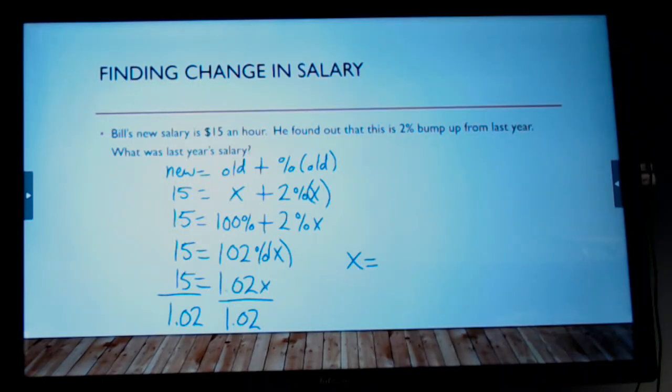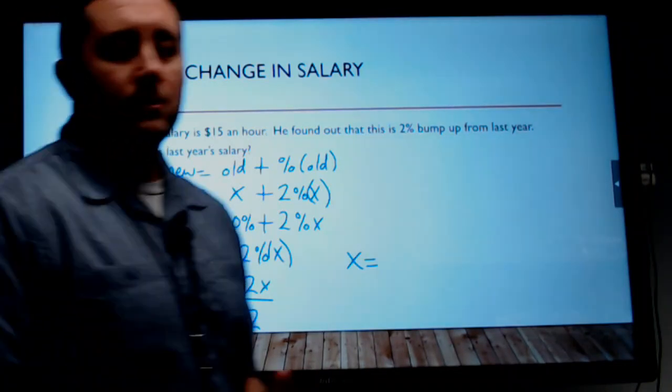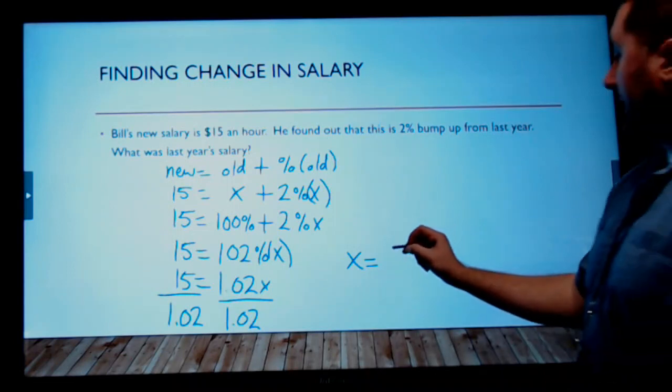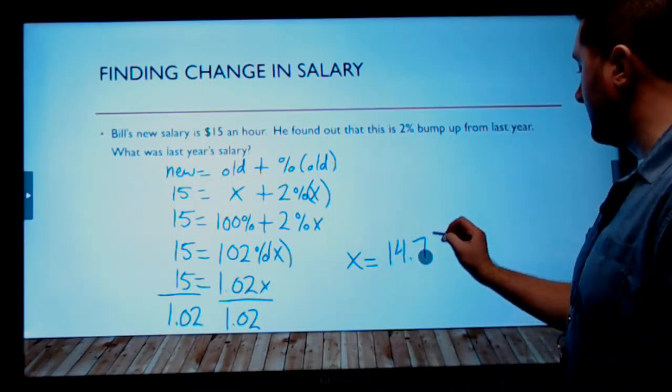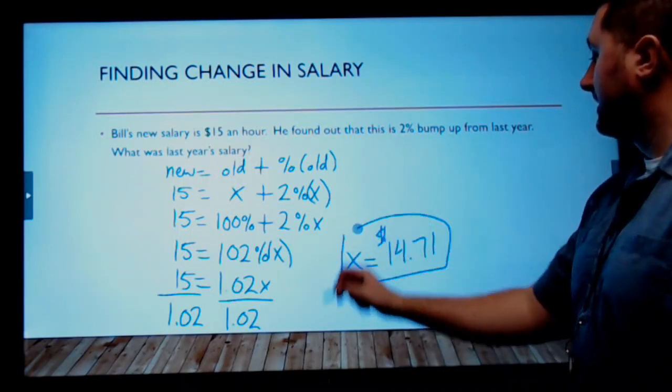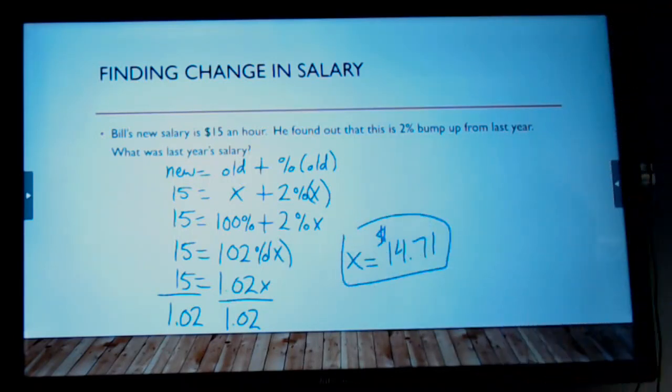If you divide 15 by 1.02, what was his old salary? 14.70 or 14.71? Right, it would be 14.71. I know it may not matter to y'all, but as an employer, it matters because it adds up. So he got a raise of 29 cents an hour.